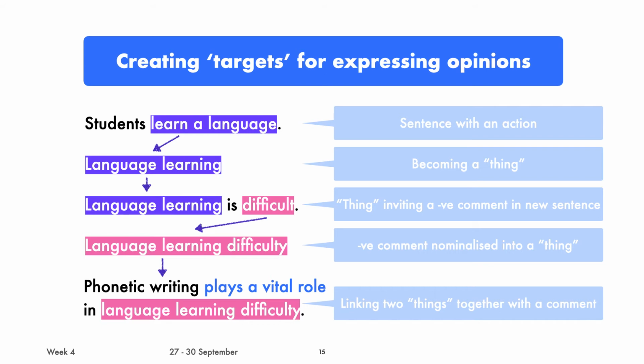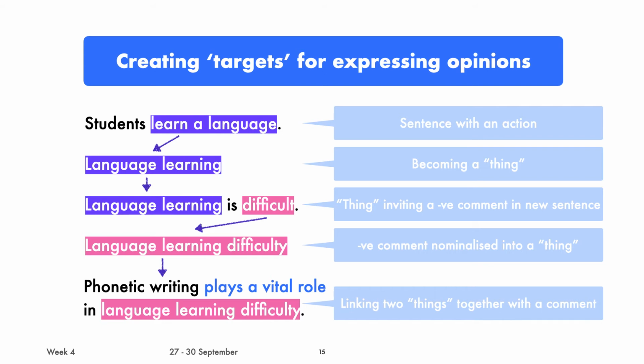But in many cases, especially in the scientific fields, most of us would look at difficulties and problems, so that we look for solutions and report them to help with teaching or maybe even making the world better. So that's why this topic would invite a negative comment when we talk about it in a new sentence: language learning is difficult.